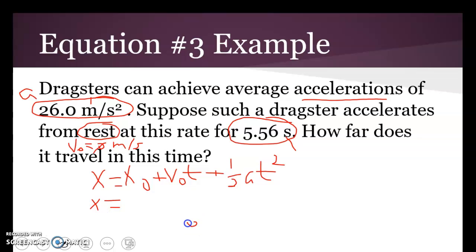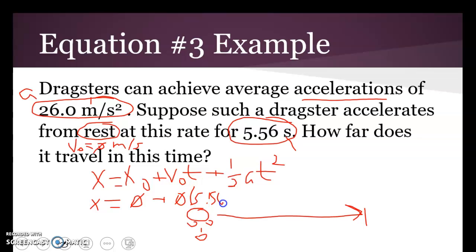Since our dragster, and we'll draw the picture later, starts here and travels to here, I'm going to say my starting point is 0, plus my initial velocity of 0 times my time of 5.56, plus 1/2, 26 is my acceleration, and my time is 5.56 squared. This is 0, this is 0.